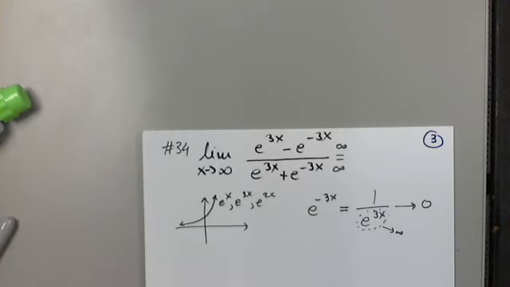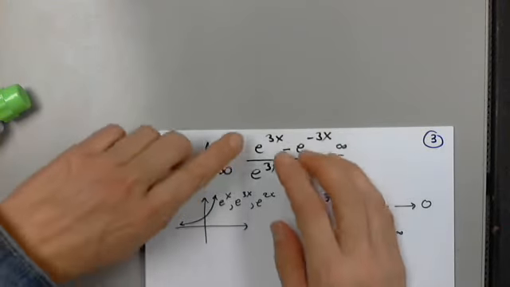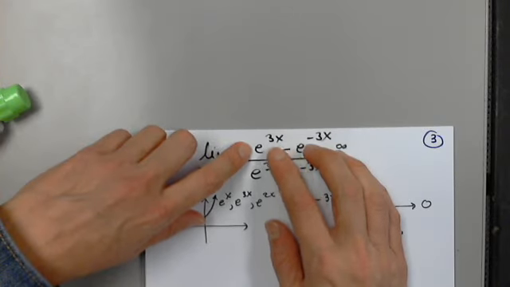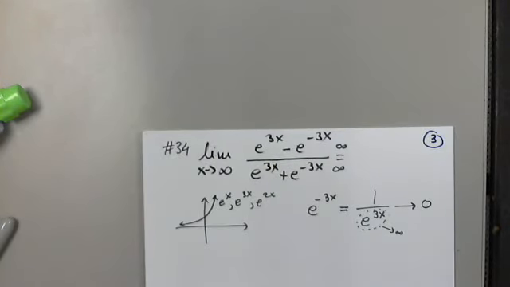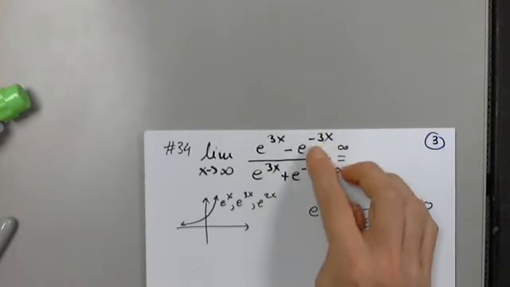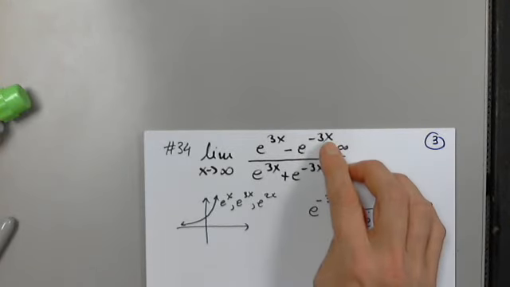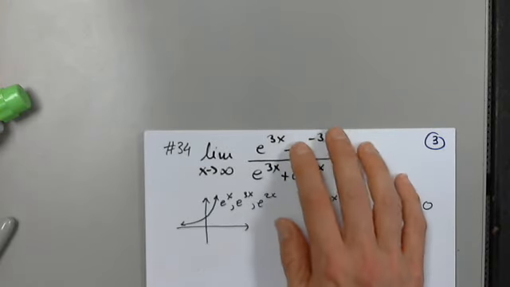So in this situation, I have to decide to factor out something. I have two options. I can factor out e to 3x from both, because that's the powerful element, which I prefer. Or I could factor out e to negative 3x, but I don't really have all the tools just yet to do that. I can factor, but I still cannot finalize it. Later on, I'll explain the other option.